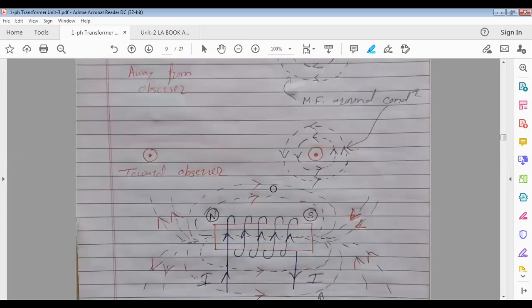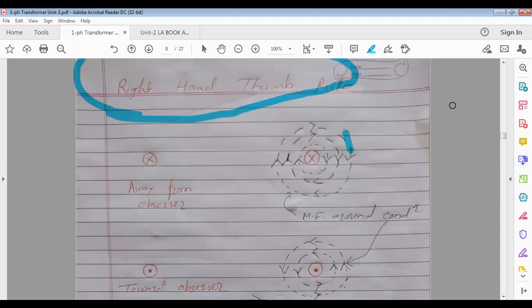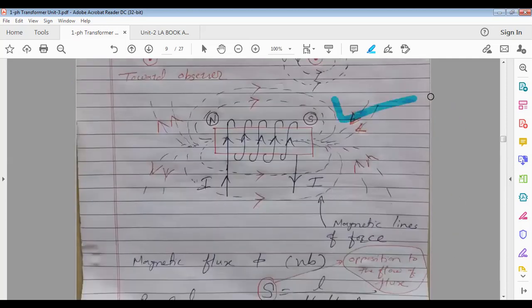Now next, in both these cases we assumed the conductor is straight and parallel to ground, and you can hold it perpendicular to the plane of your face, isn't it? Now consider the case where the conductor is not straight. It's an electromagnet. You can consider this rectangular shape as any magnetic material: silicon steel, cast iron, cast steel.